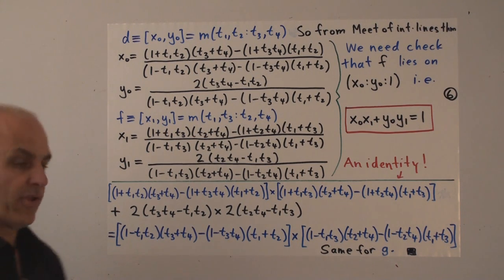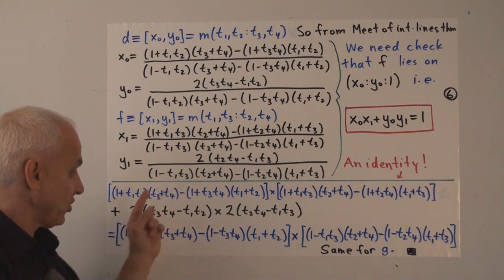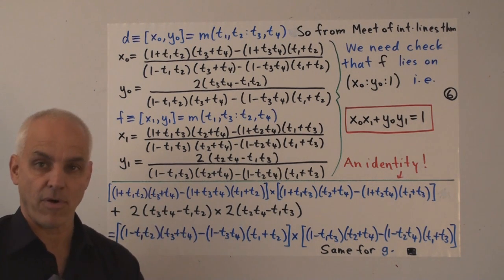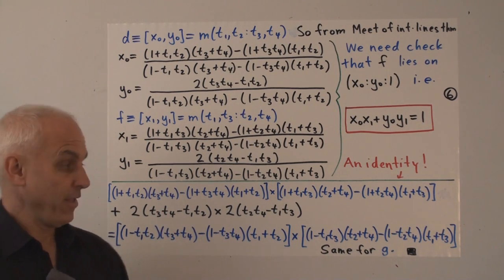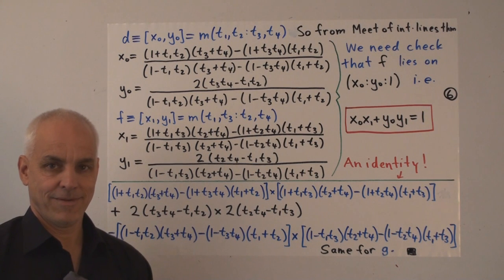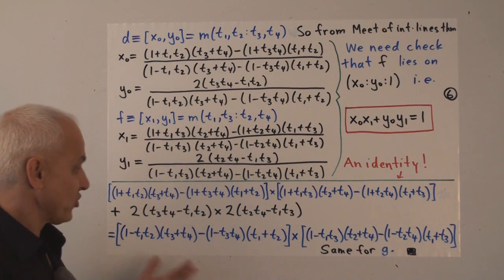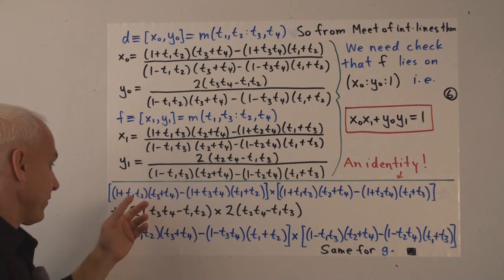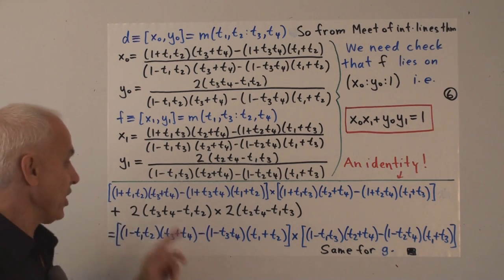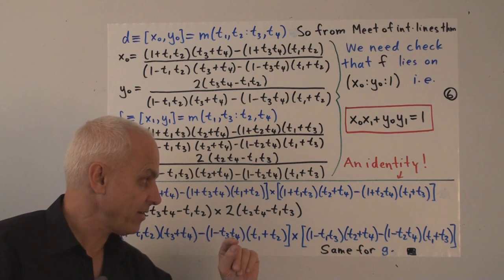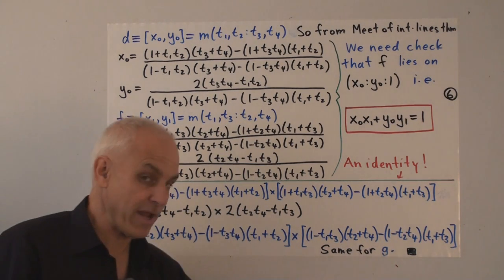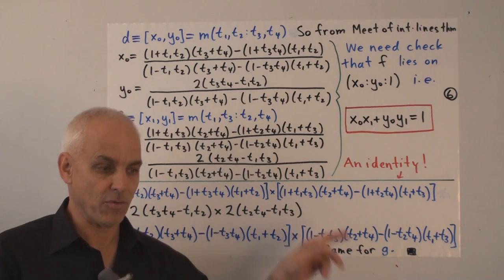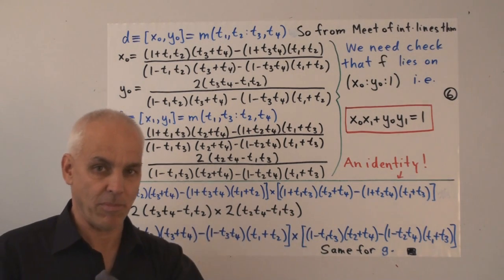Okay, so what can I say? At this stage, we need to check whether this is true for every t1, t2, t3, and t4. This is an identity. It means that it's true, and that you verify it's true by, well, lacking anything else, just expanding the left-hand side, expanding the right-hand side, and observing that those two sides of the equation are term by term matchable.